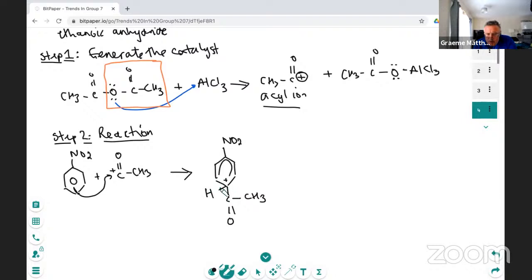I'll do it in 2 steps. Middle of the bond, back into the ring system, indicating that I've closed the ring system. By reforming the ring system, I've lowered the energy, and because of that it's more stable.